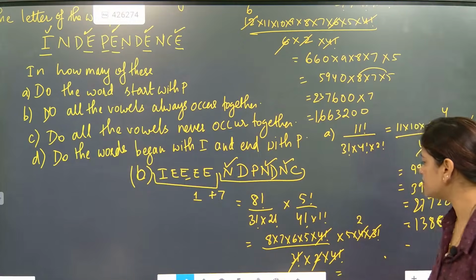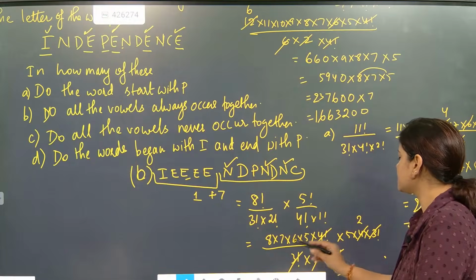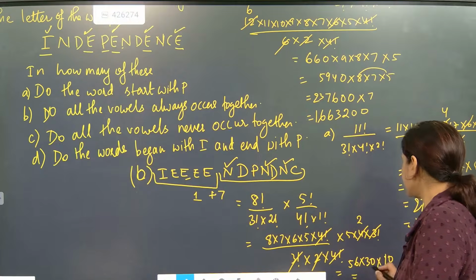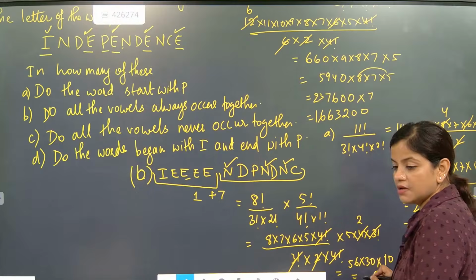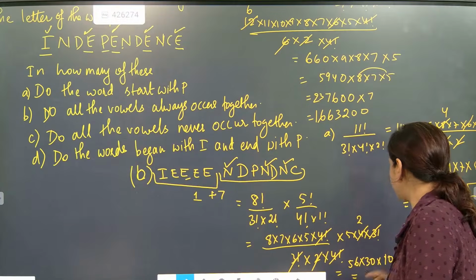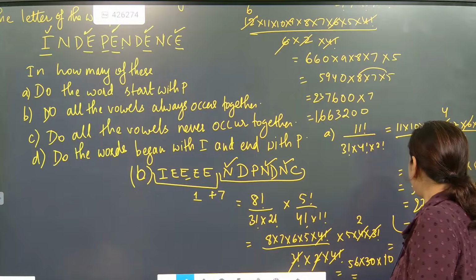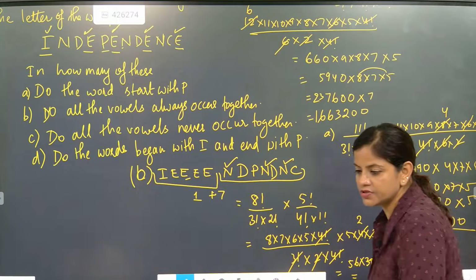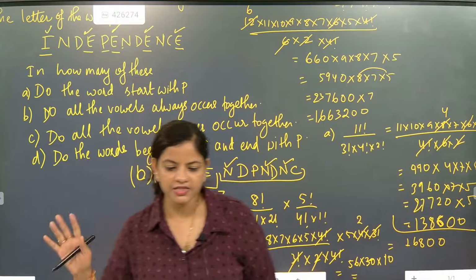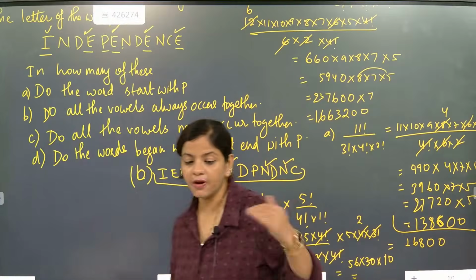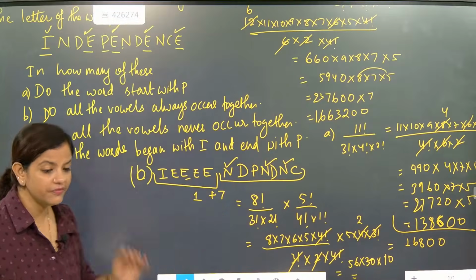So the answer is 7 into 56 into 30 into 10, which is 16800. Anybody got that part? 16800 is coming.